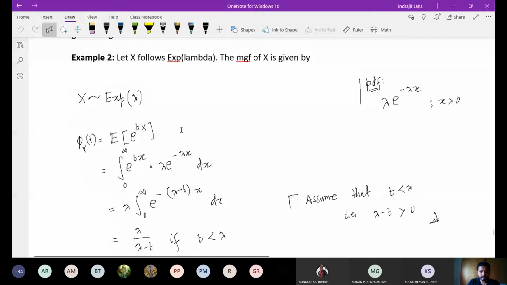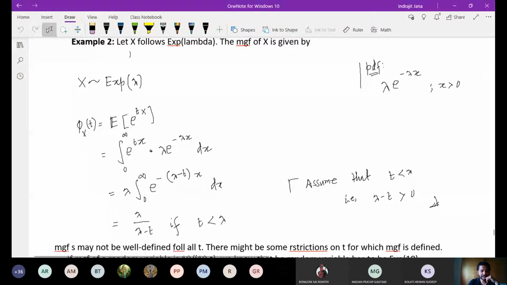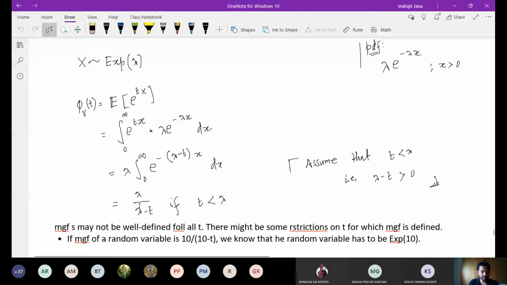If X follows exponential lambda, the PDF is lambda times e to the power negative lambda x. In problem 53, it has PDF 1 times e to the power negative 1x, which means it is exponential 1. So essentially, you need to repeat the calculation from example 2 with lambda equal to 1, and the answer would be 1 over 1 minus t. If you replace lambda by 1, you get 1 over 1 minus t.